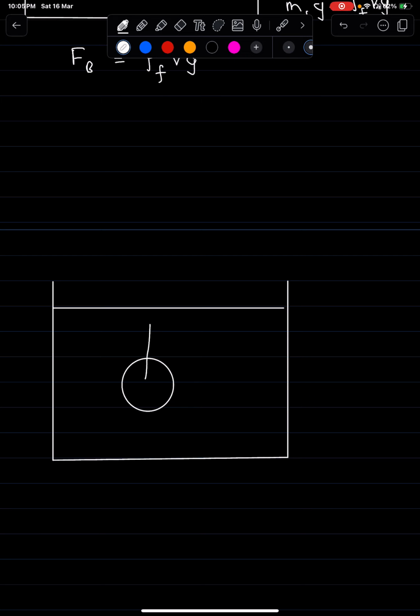But suppose there is a string attached to this object which is holding the object, and suppose this is pulled up with a constant velocity. So the object is being pulled up with a constant velocity.